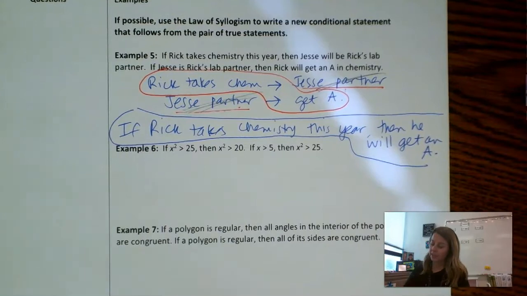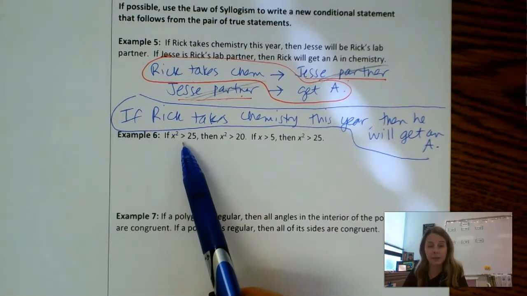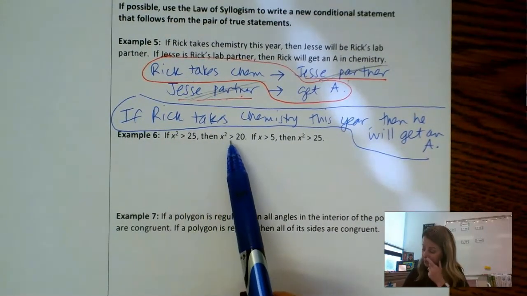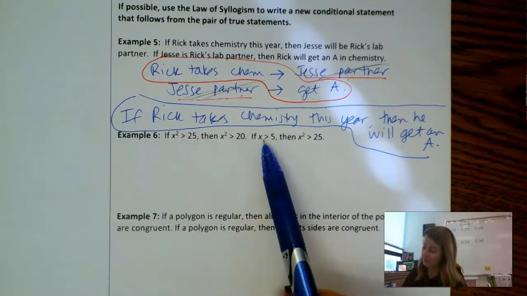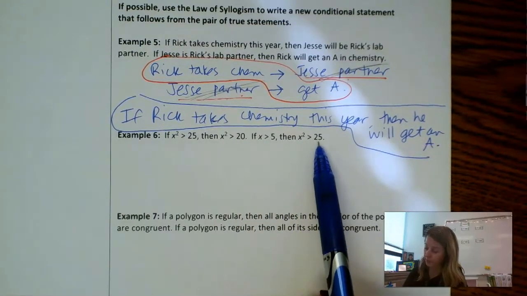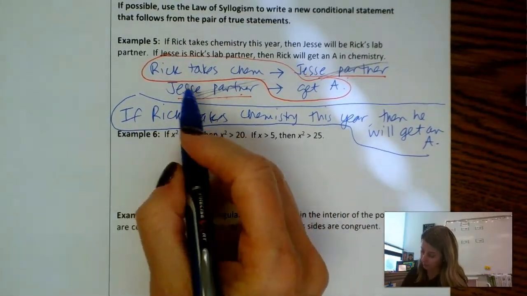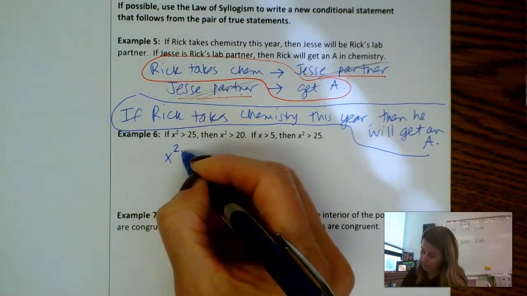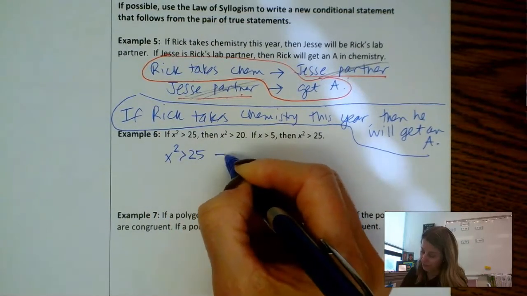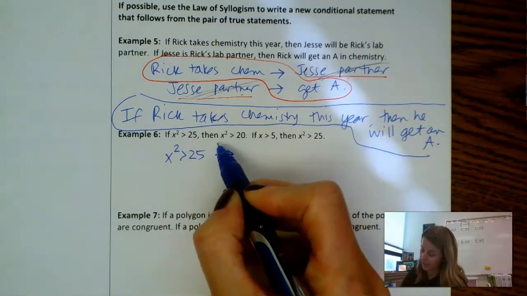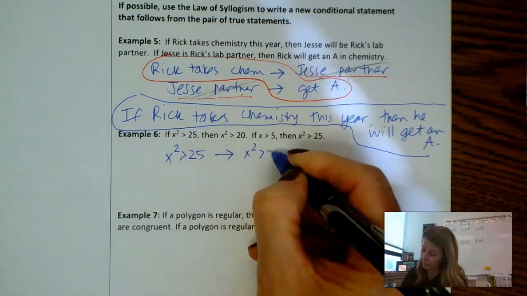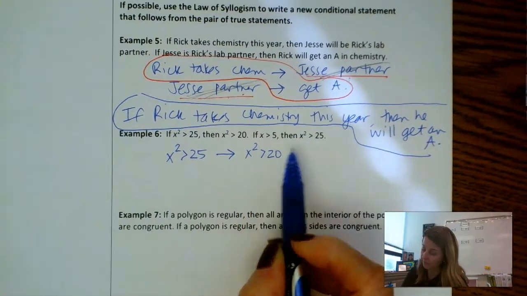Okay, next one. If x squared is greater than 25, then x squared is greater than 20. If x is greater than 5, then x squared is greater than 25. There's a lot of x's and numbers here, but I'm still going to do the same idea. If x squared greater than 25, then x squared greater than 20. That's my first if-then.